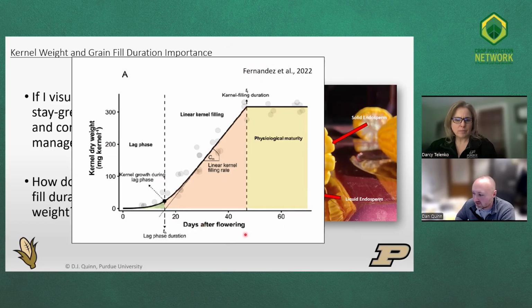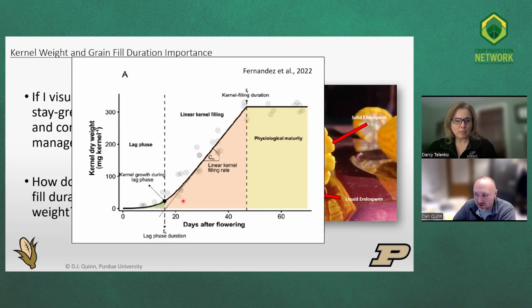You look at this figure here, we have days after flowering, we have kernel dry weight. You typically start with the kernel growth or the lag phase. So the lag phase is really starting to determine what that kernel's volume capacity is at that point in time. Then we have the linear kernel filling rate, which is really when kernels are filling with water content.